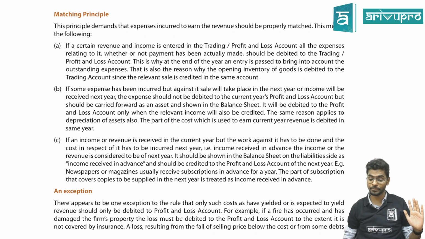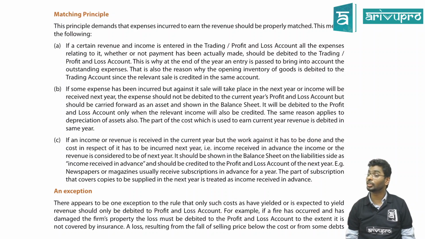Are you clear? If an income is received in the current year, but the work has to be done in the next year, that is treated as income received in advance and should be shown on the liability side. If you have received an amount for a sale which will happen which year? Next year. But the money has already been received which year?